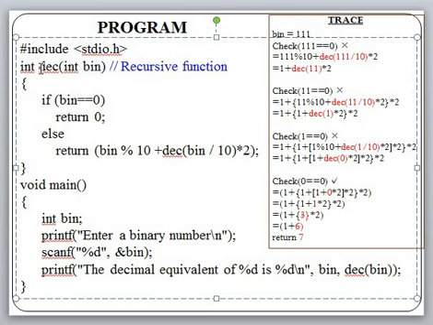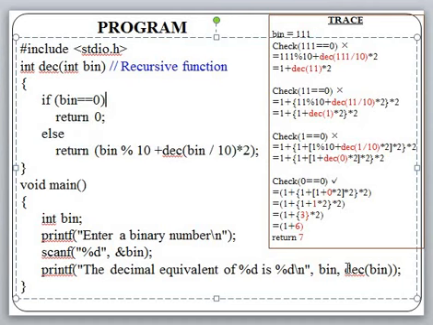Very interesting: DEC is there inside DEC. So DEC is a user-defined function inside which we have DEC. That's why the function DEC is called by itself. This is the function DEC which is there inside this function DEC only. That's why this is a recursive function.